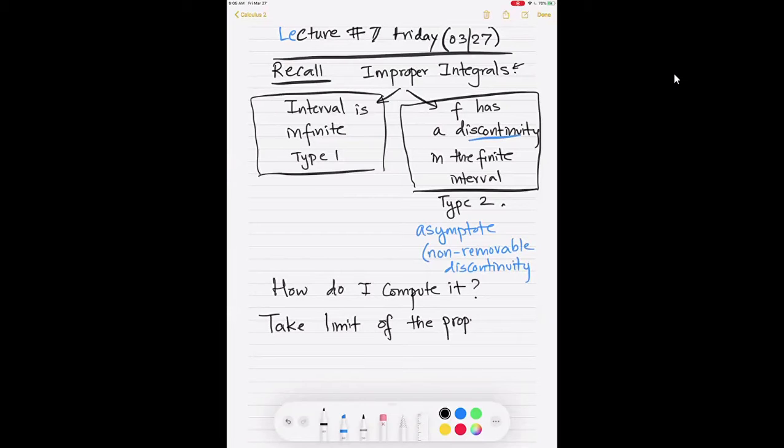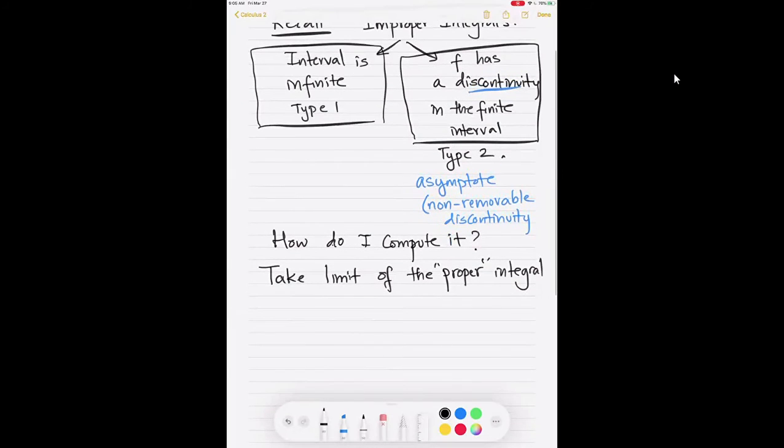And I'm going to write proper in quotes, meaning we're going to put a constant b. And for type 1, b either approaches infinity, b approaches negative infinity, or b approaches a certain a from the right or the left. So the idea is you're taking a limit.